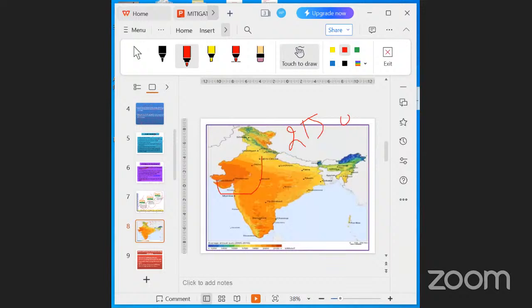So they receive solar energy of more than 2150 kilowatt hour per meter square. Okay. So our peninsular India, the region of Rajasthan and certain parts of Delhi all have great potential to extract solar energy. Okay. So this is the first mission.